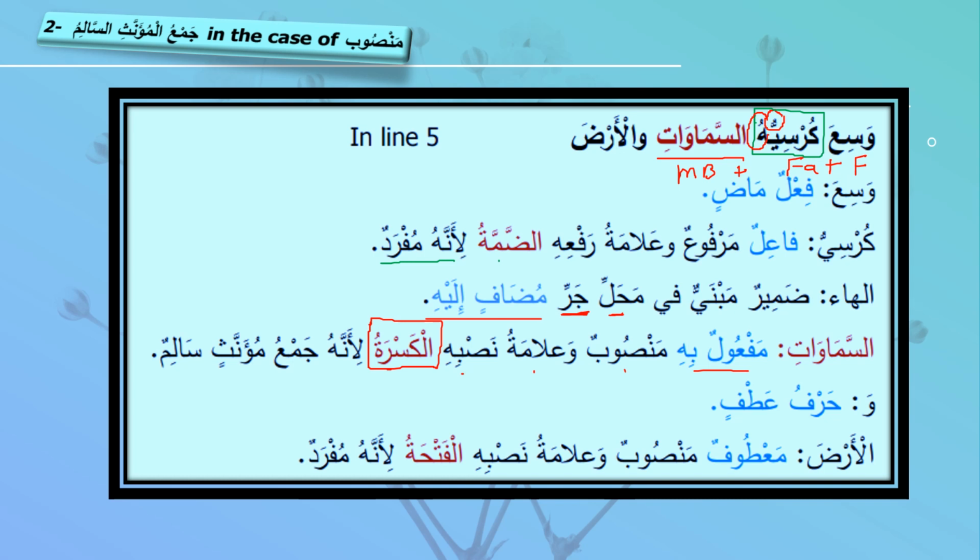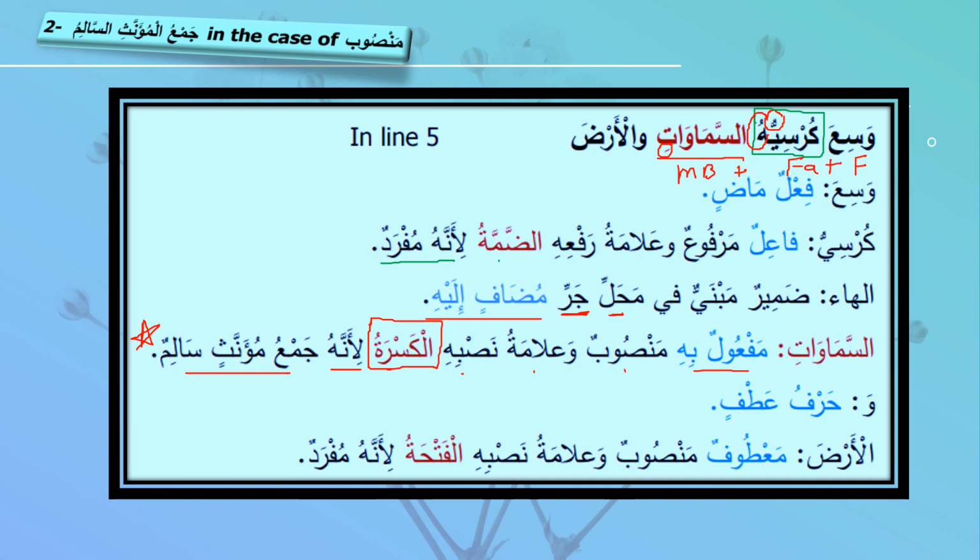This is really very important. Do you say maf'ul bihi mansub, alamatu nasbihi al-fatha? No, you shouldn't. It is kasra, because there is a visible kasra here. لِأَنَّهُ. Now you give your answer why there is a kasra in mansub case: because it's Jama Muannas Salim.